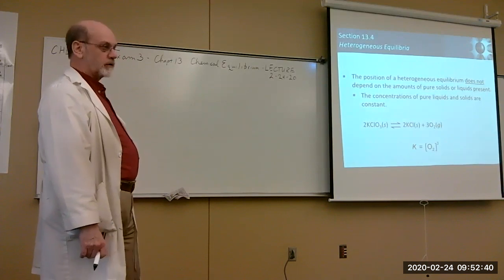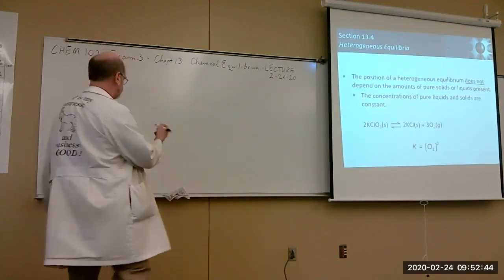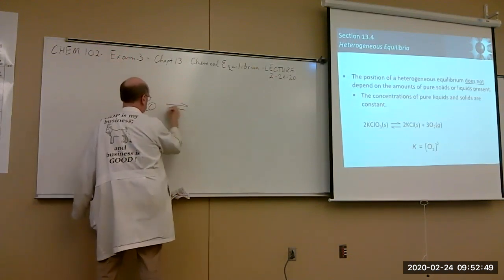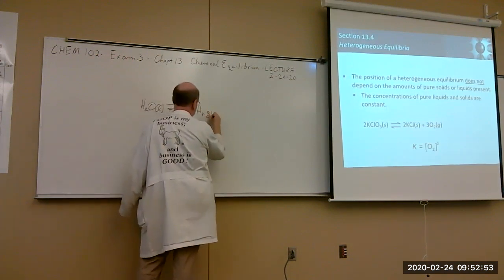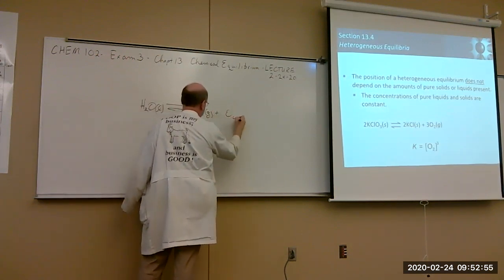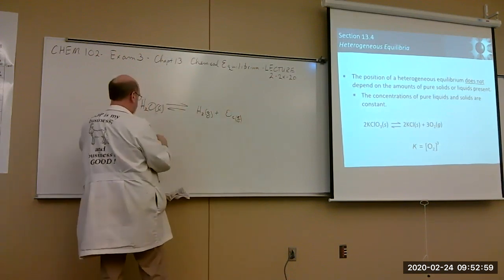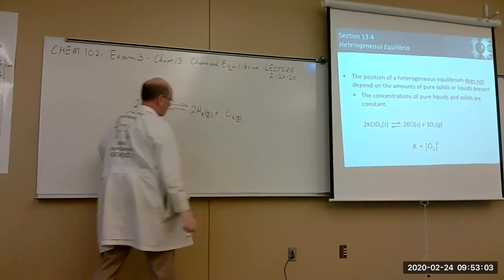Also, don't include pure liquids. Like the one before. That's a liquid, and we're making hydrogen gas and oxygen gas. So you see, I've got to balance this thing. I need two of these.